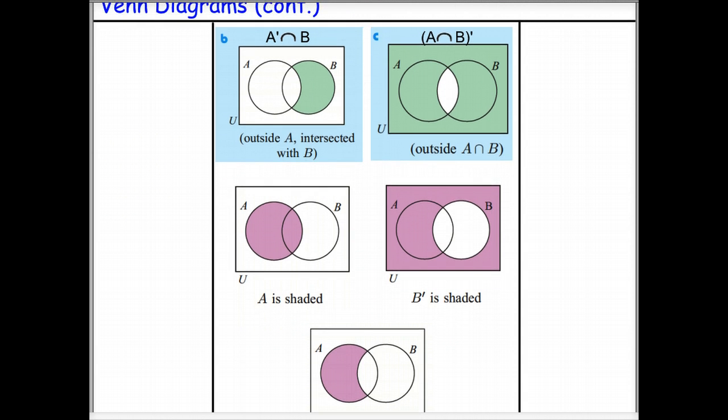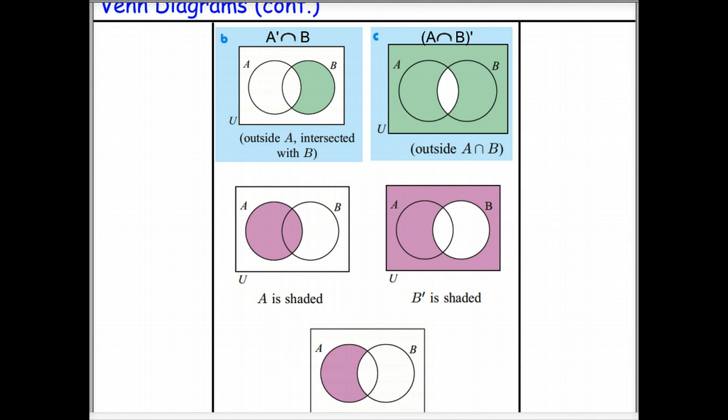The next piece is to take a look at some common ones that you will see. The first one is A complement intersected with B. It means not A, and B. So it means that anything that is in B but not in A, which is everything but that overlap. A intersected with B, the whole thing complemented, means outside of where A and B intersect.